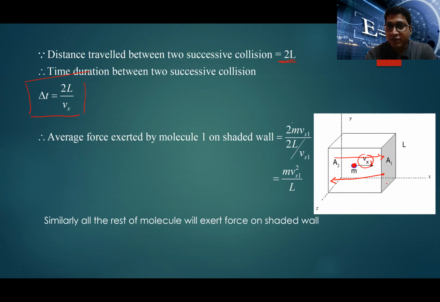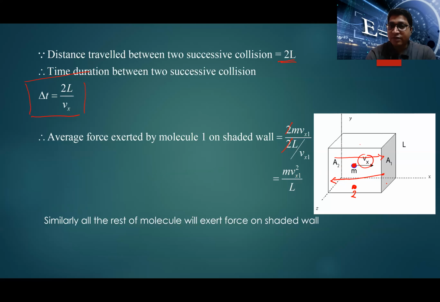While solving that, 2 will get cancelled out, and the average force because of molecule 1 equals mVx1 square divided by L. Similarly, for the second molecule the force will be mVx2 square upon L, for the third mVx3 square upon L. Only the suffix changes: 1 becomes 2, then 3, then n. And for the nth molecule it will be mVxn square divided by L.